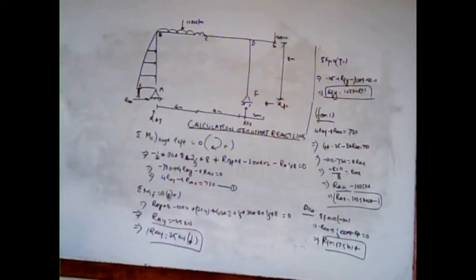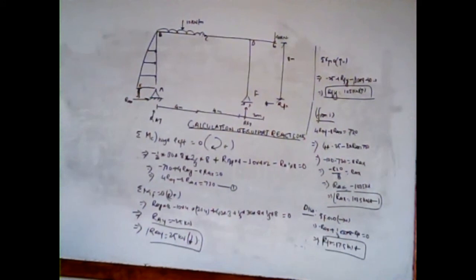Likewise, from equation 1, we can determine the value of RAX. In equation 1, we have determined the value of RAY. So substituting the value of RAY in equation 1, we will be able to solve the value of RAX. Here the value of RAX can be obtained as 102.5 kilonewton, but it is a minus.